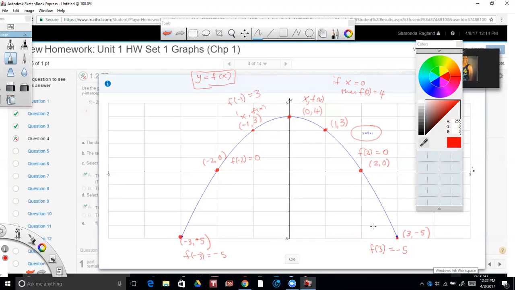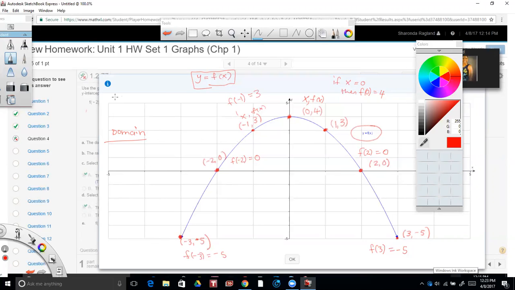Now, to find the domain, that deals with the x values. You do least to greatest. You cannot bound the infinity or negative infinity. So if you look at this, it's going to continue to go out. The x values will continue to decrease here.